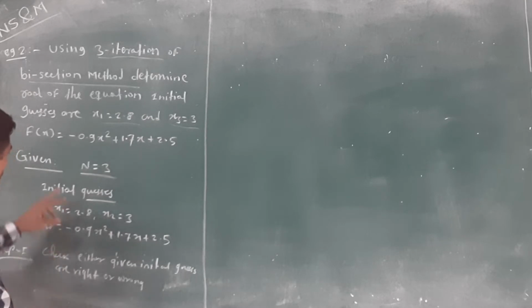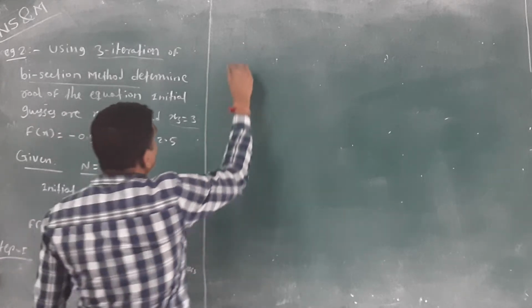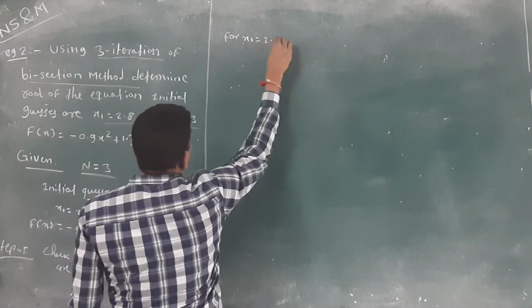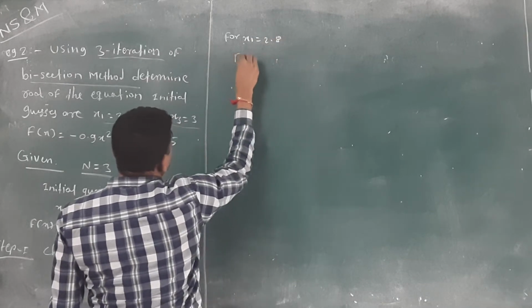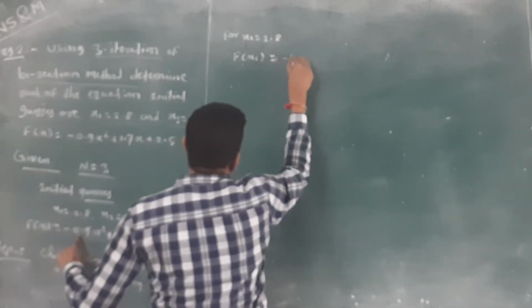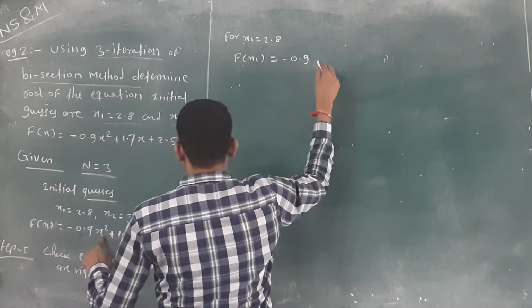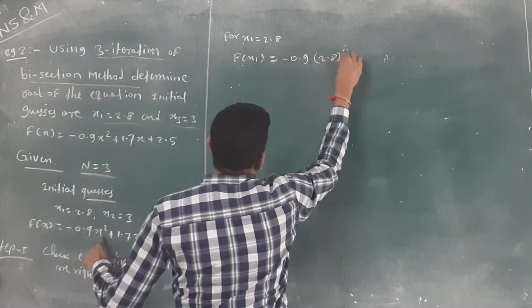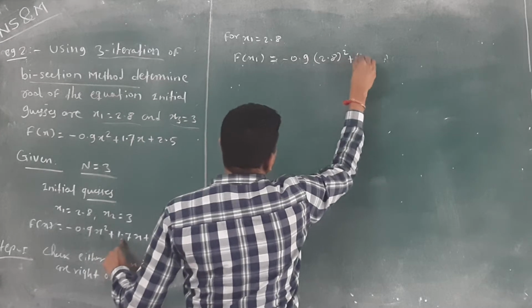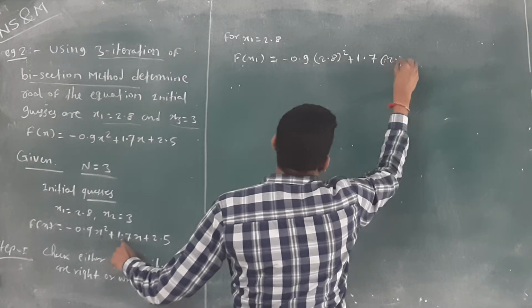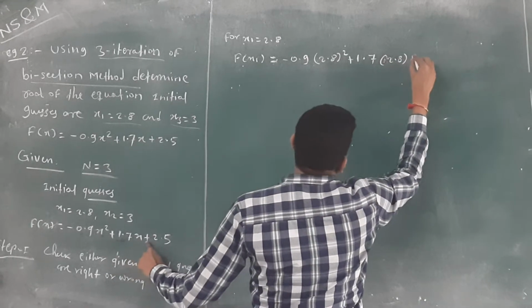For x1 equal to 2.8, I will put it in the given function. f of x1 is equal to minus 0.9 into x square, where the value of x1 is 2.8 square, plus 1.7 times x, again 2.8, plus 2.5.